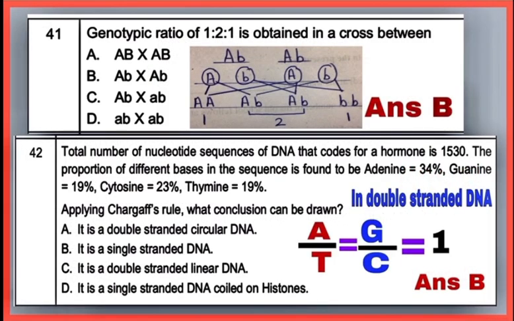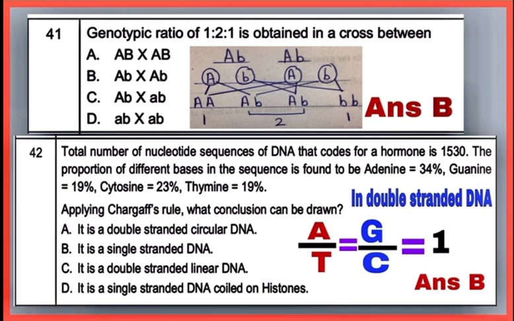Question 41. Genotypic ratio of 1:2:1 is obtained in a cross between. Option B. Cross between capital A small b and capital A small b can give 1:2:1 genotypic ratio. Check the cross to get the answer. 42. Total number of nucleotide sequence of DNA that codes for a hormone is 1530.